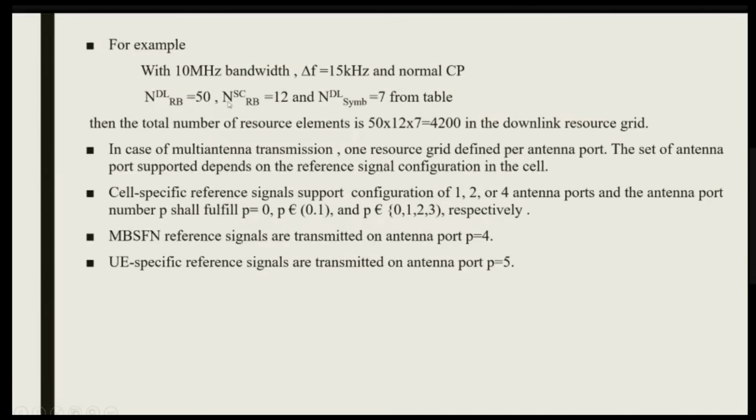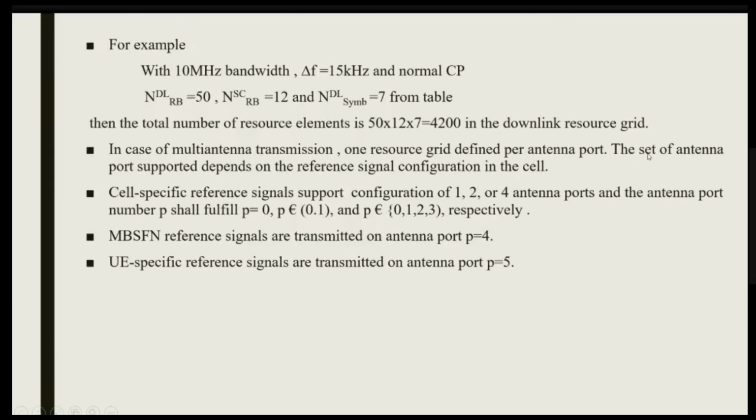The total number of subcarriers in the resource block will be 12. The total number of downlink symbols will be 7 as per the standard table. Then the total number of resource elements present in the downlink resource grid is given by 50 into 12 into 7, that is 4,200. In the case of multi-antenna transmission, one resource grid is defined per antenna port.